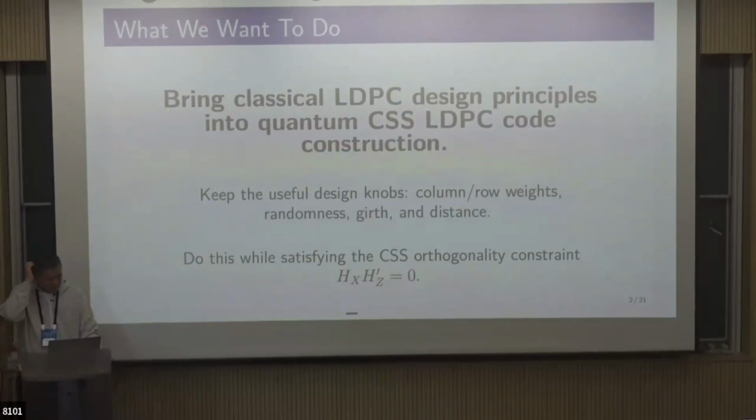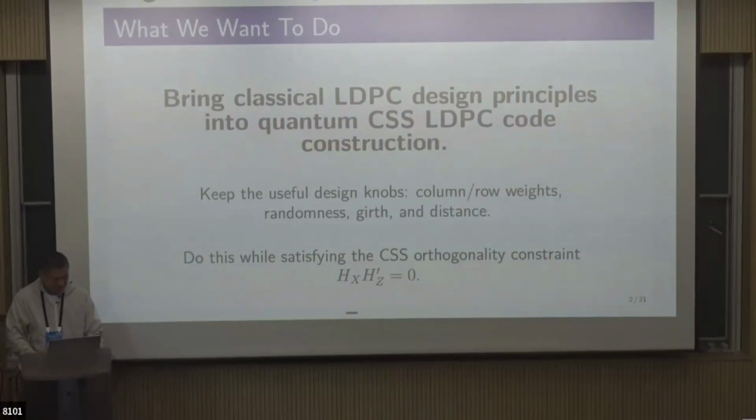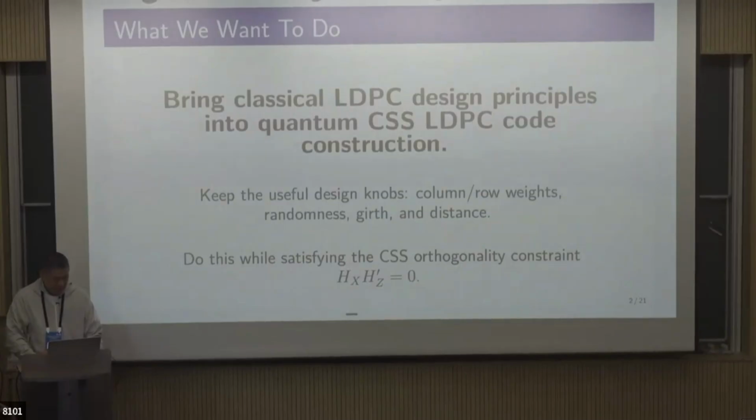Okay, so this slide states the goal. We want to bring the classical LDPC design principles into quantum CSS LDPC code construction. In classical LDPC design, useful knobs include column weights and row weights, randomness, girth, and distance.